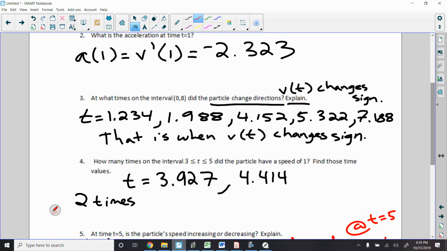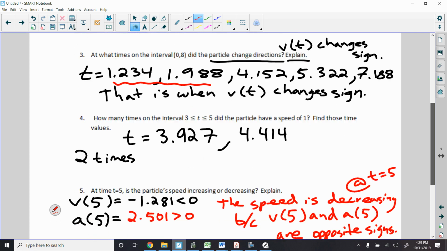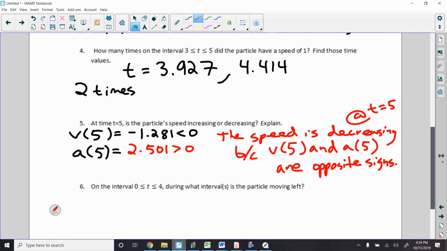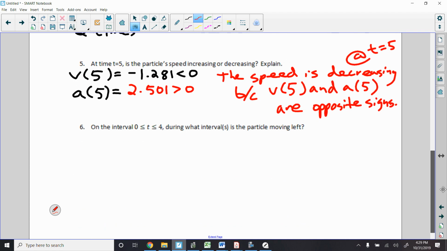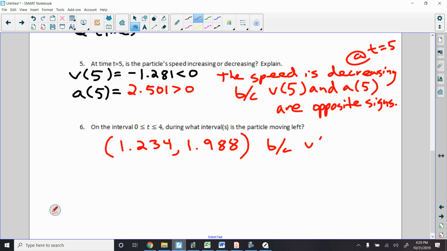It's between these two zeros that my velocity was negative. So I'm going to say 1.234, comma 1.988, because v of t is negative there.